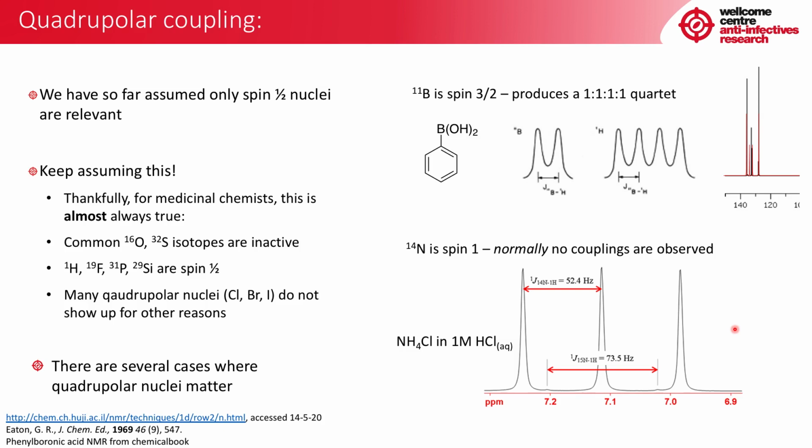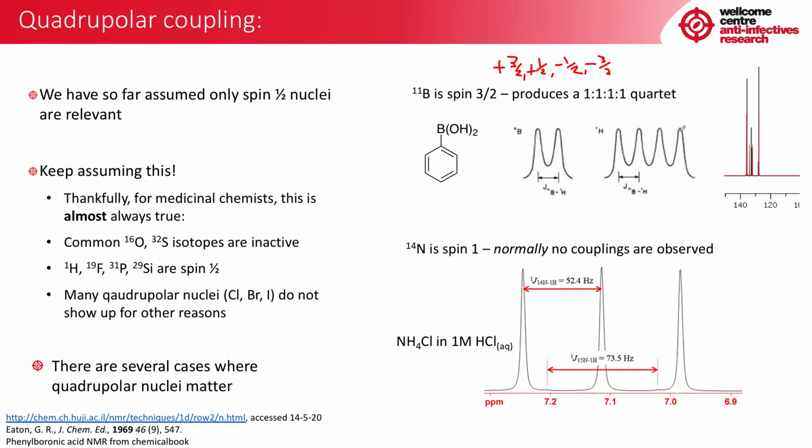Now, being spin 3/2 means that instead of +1/2 and -1/2, you have +3/2, +1/2, -1/2 and -3/2 lines, and this gives you a 1-to-1-to-1-to-1 quartet.